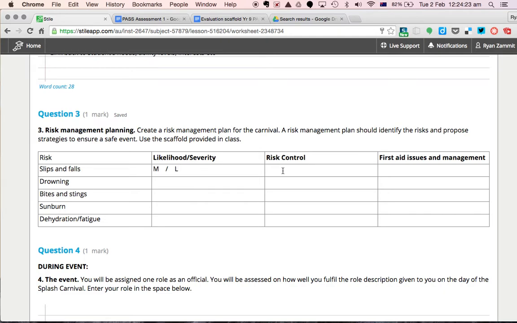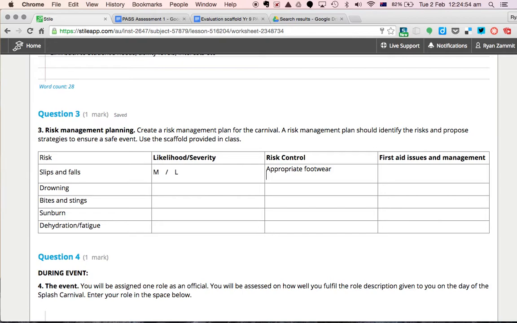So now you need to think about what the risk controls are, what we need to do to make sure that people don't slip. We need appropriate footwear. Obviously people are going to have no shoes on around the pool when they're about to swim, but if they're not swimming, they should probably have their shoes on, and that might limit slipping.